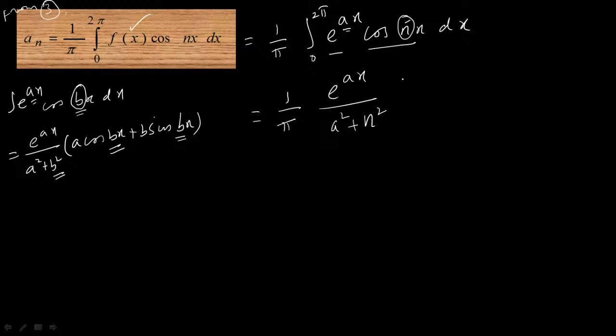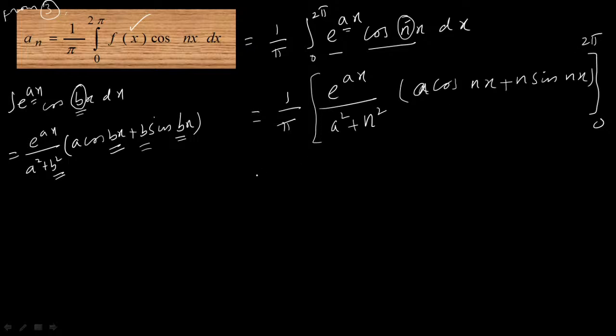So of (a cos nx plus n sin nx), you just replace, here itself you have b, so n sin nx, with the limit from 0 to 2 pi.